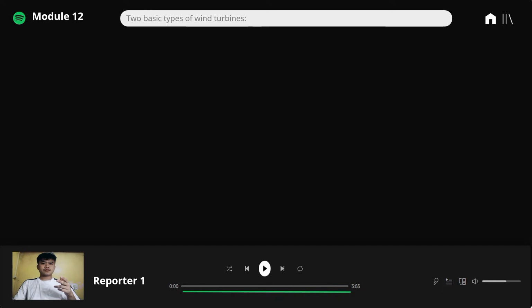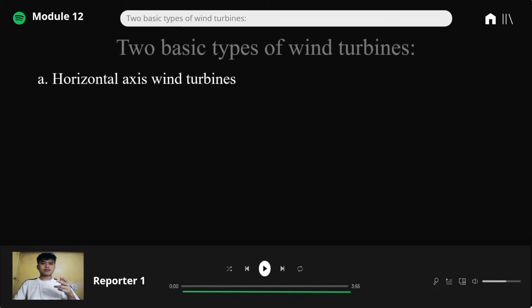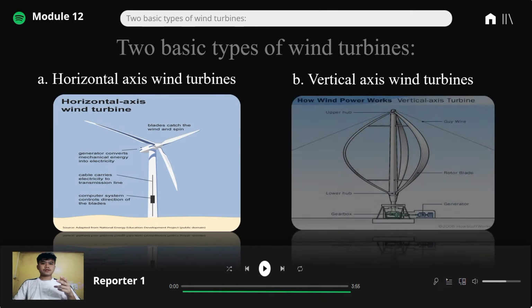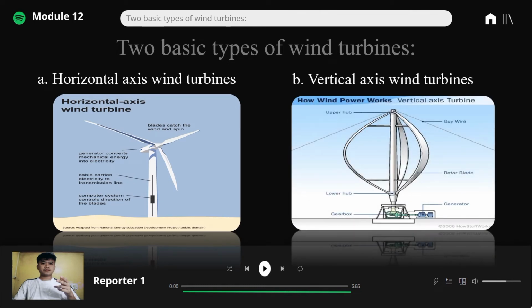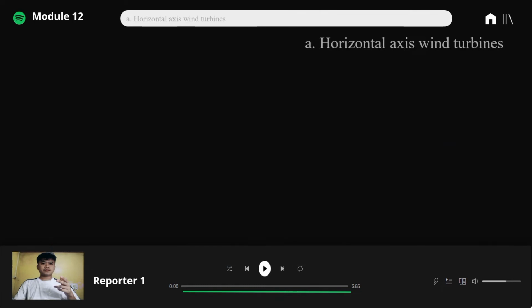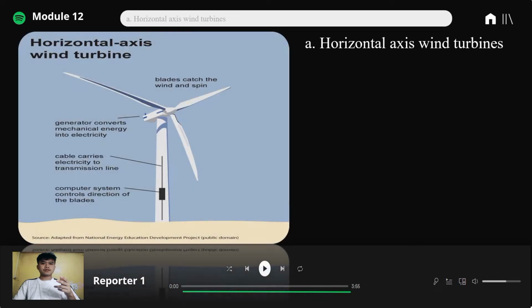Moving forward to the two basic types of wind turbine: the horizontal axis wind turbines and vertical axis wind turbines. So first, let's discuss horizontal axis wind turbines.